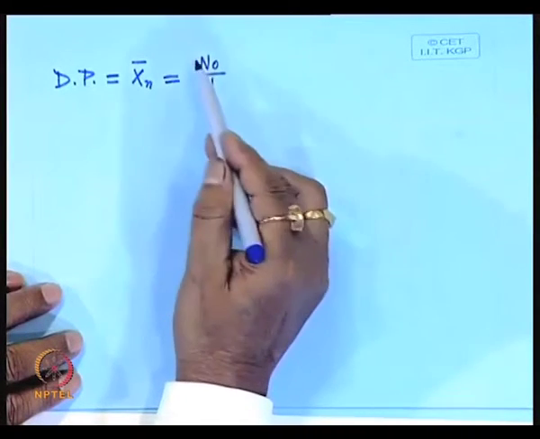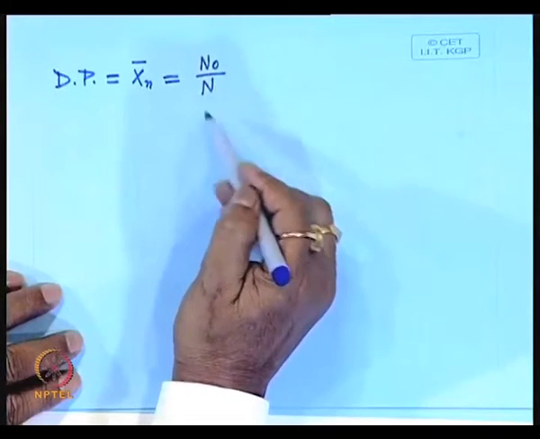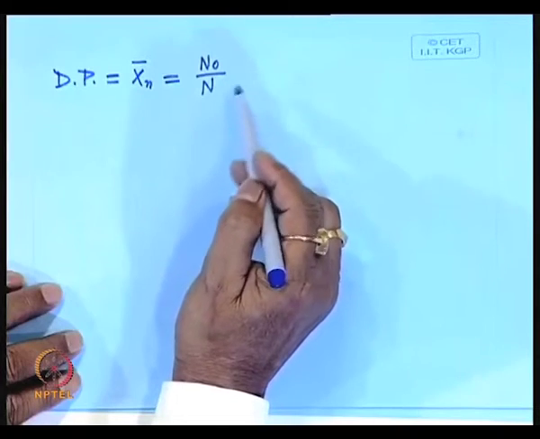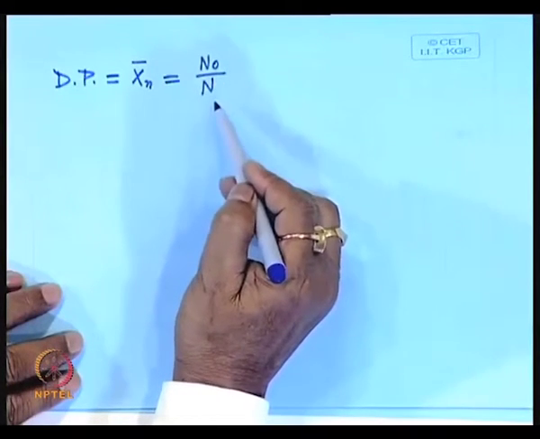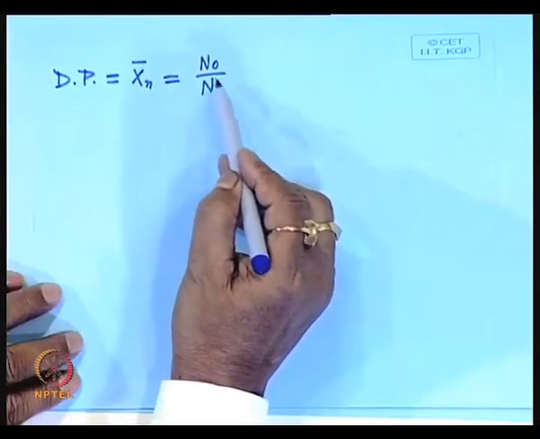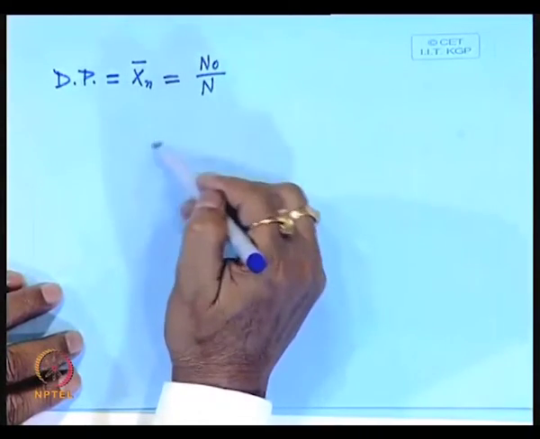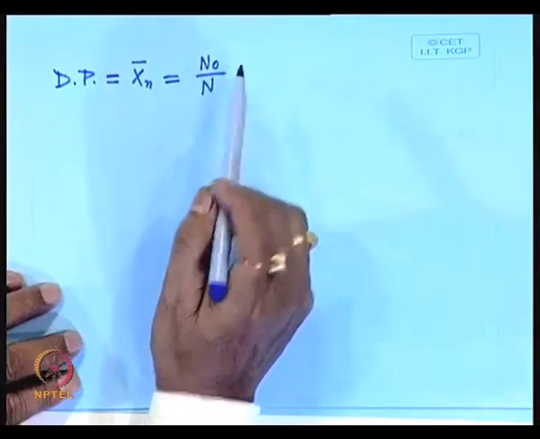Is it clear? Do not forget this, xn bar is equal to n0 by n. And if you start with bifunctional molecules, then the total number of functional groups would be 2 n0 by 2 n, basically the same, xn bar.